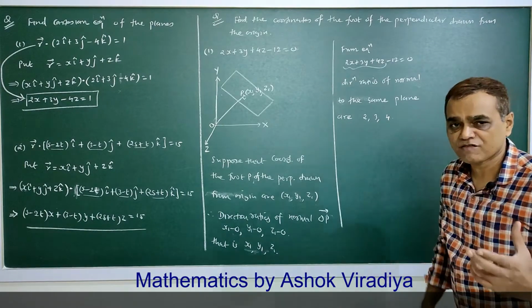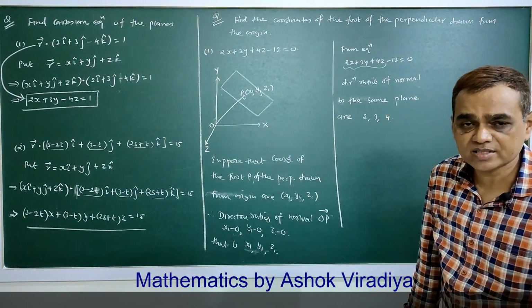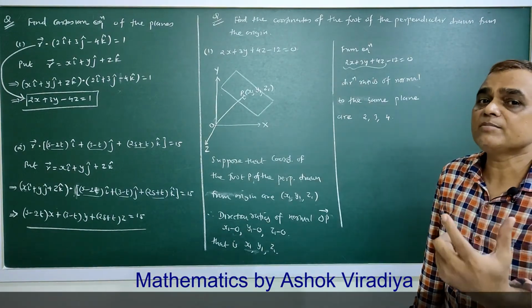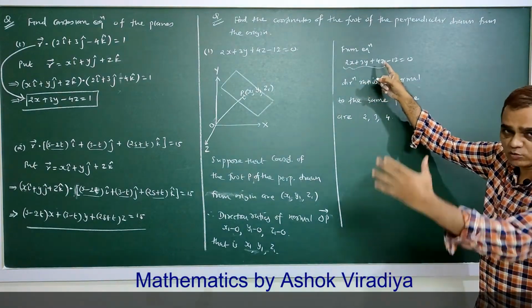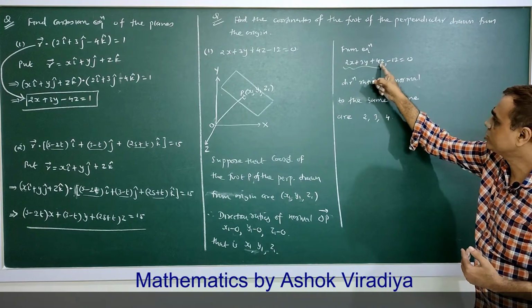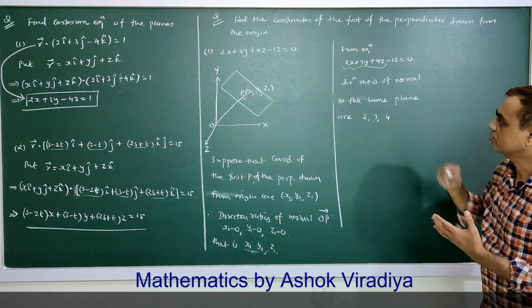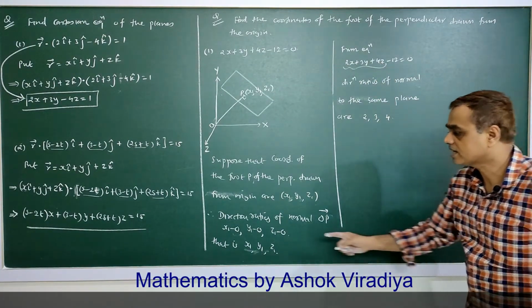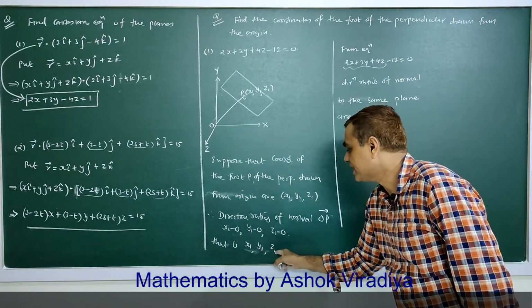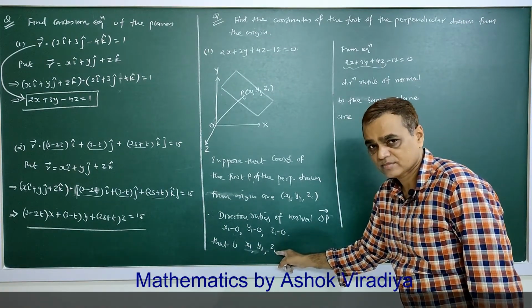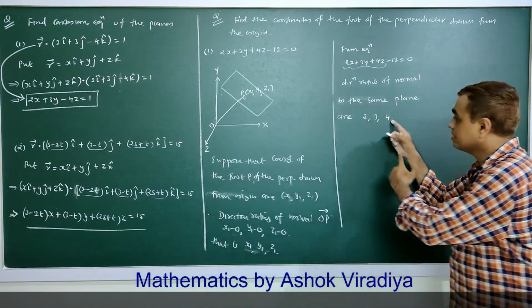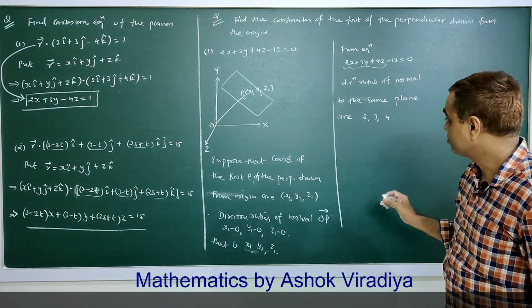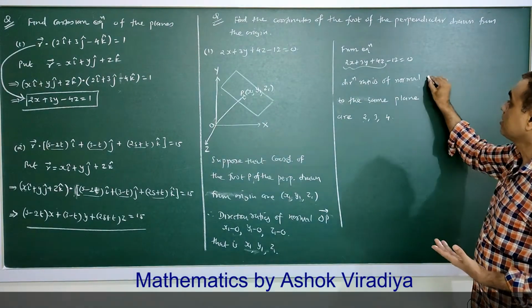If the equation of a plane is ax plus by plus cz equal to d, a, b, c are direction ratios. So from the equation, direction ratios are 2, 3, 4. And x1, y1, z1 are also direction ratios of the normal OP.